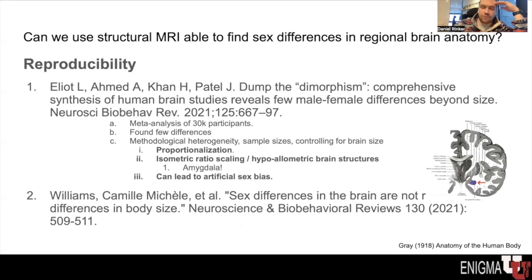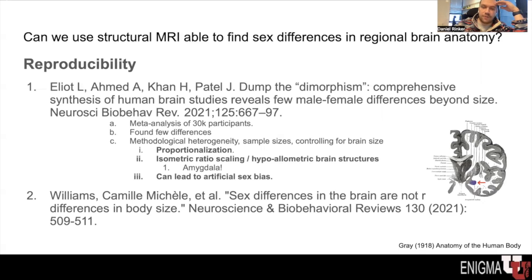So what I was referring to earlier with controlling for brain volume to cranial size, if you're doing this on subcortical volumes, such as the amygdala, for example, there's a phenomenon known as proportionalization and isometric ratio scaling.